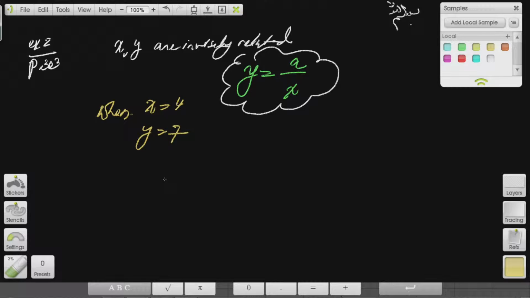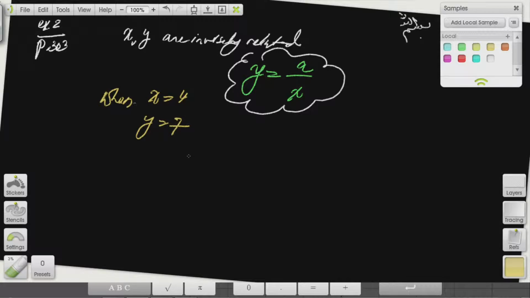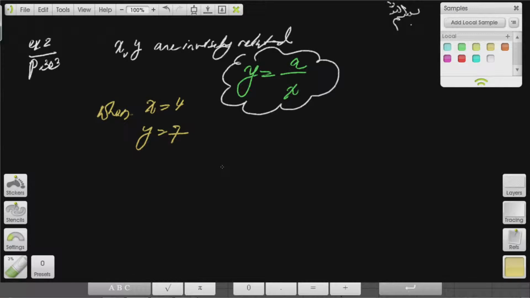Then we were asked to write an equation or a relation that expresses this relationship between these two variables. So this is the relationship between the two variables, but we don't know what a is, but we're given a set of values that we can use to find the a, the constant of variation.